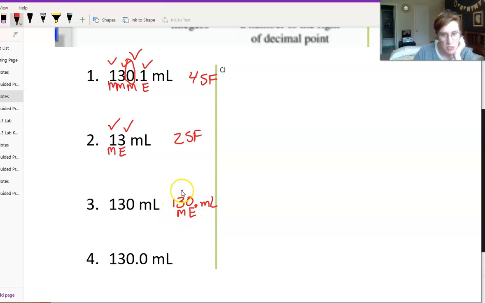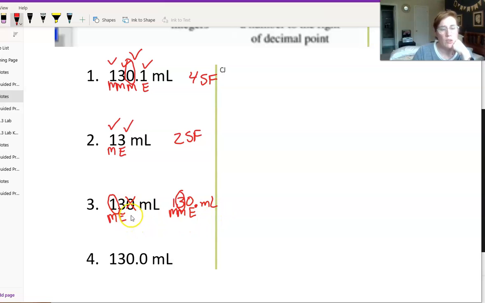And then the level of precision here is the tens place, whereas this one has no decimal. So that means the zero is not significant. It means it's a placeholder. It's not actually the estimated digit. The estimated digit was in fact 3, and then your level of precision is the hundreds. Okay, that's a measured number.